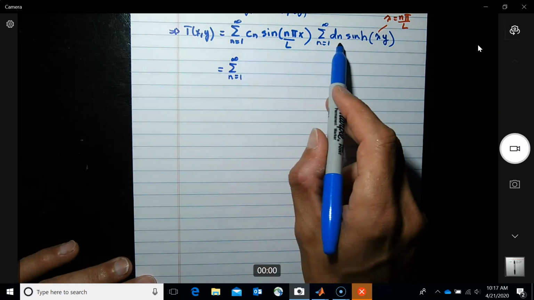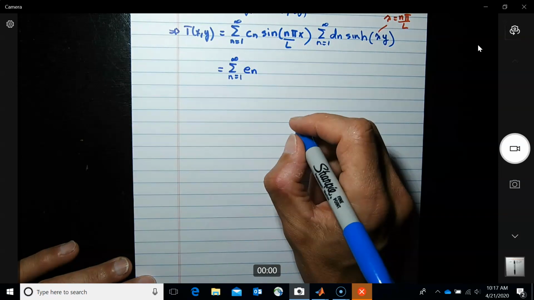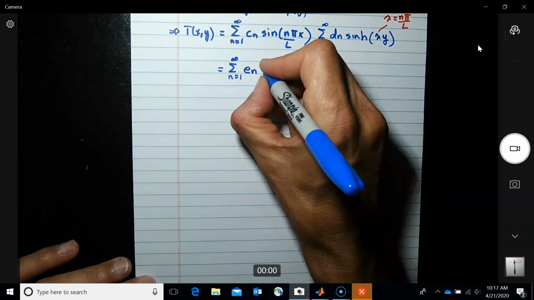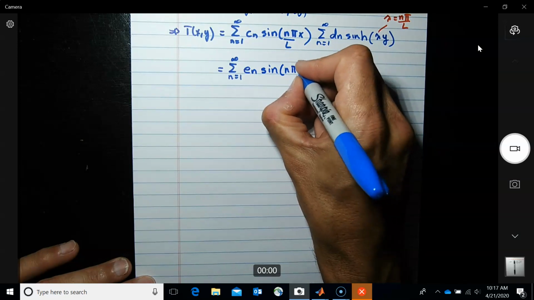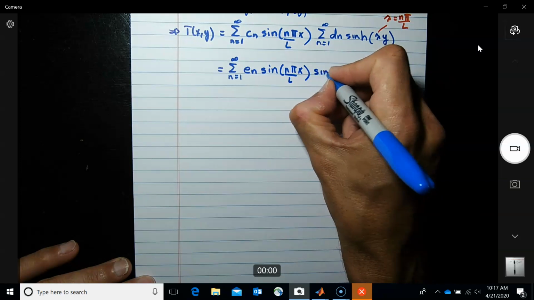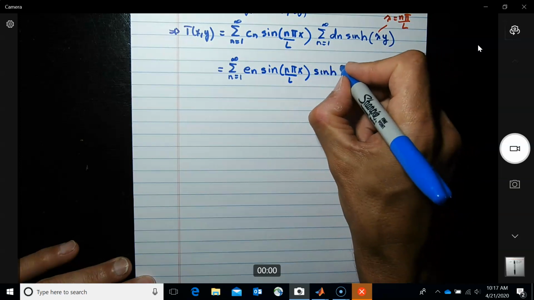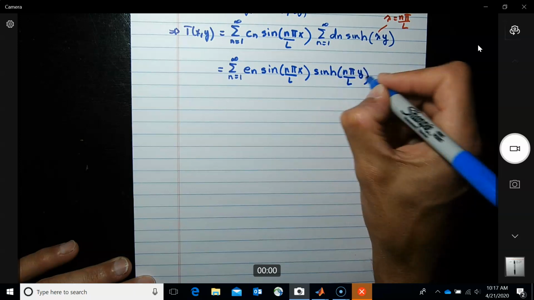Let's combine the C n and D n into, let's say, a constant E sub n. And now you have sine n pi x over L times sinh n pi y over L.